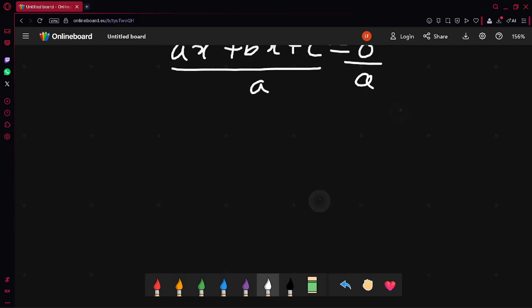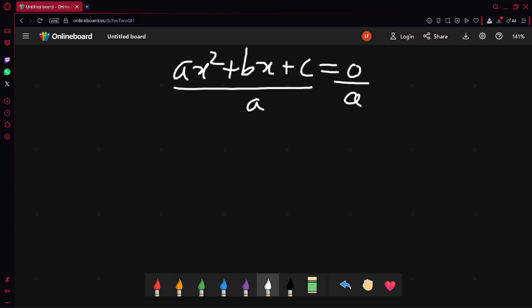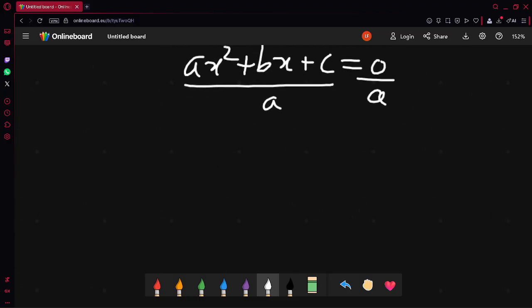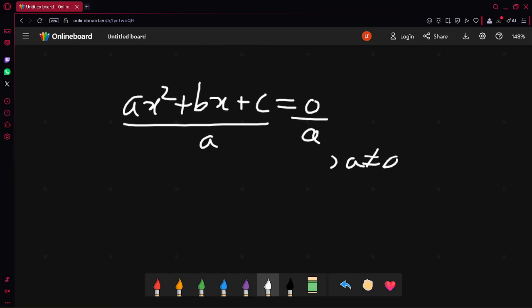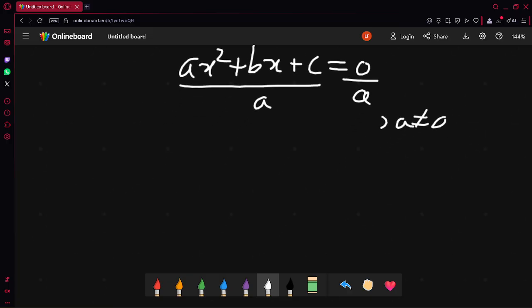We know that 0 over anything is still 0, and we also know that a is not equal to 0, so this would not be an indeterminate form, and it would just give 0. On the left-hand side, we distribute the division by a under all three terms.